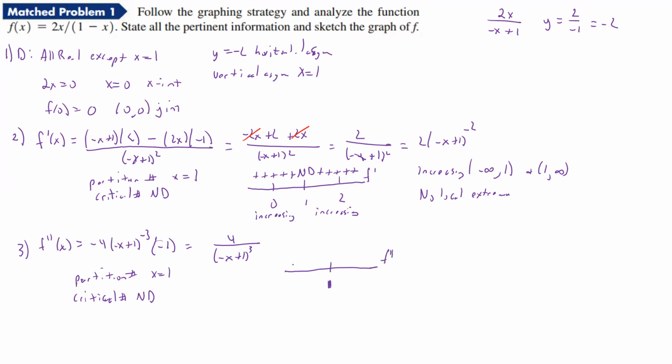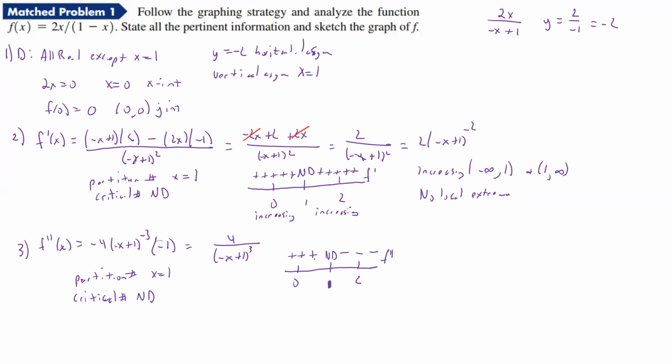This is the f double prime. This is 0. This is, say, 2. If we plug in a 0, it's going to be positive. And again, this is ND. So we're going to have positives over here. If we plug in a 2 here, that's going to give us negative 2 plus 1, which is negative 1 cubed, which is negative. So on this side, it's actually negative values.